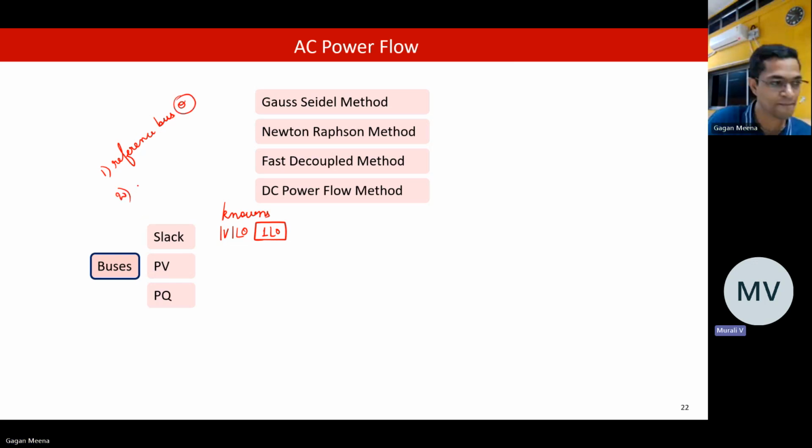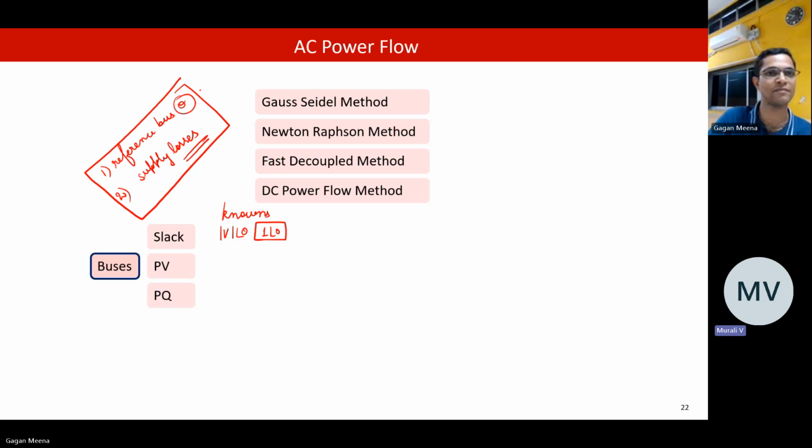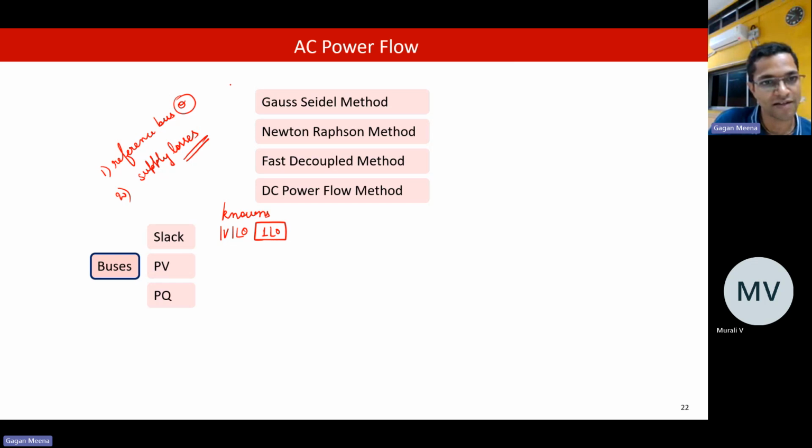The slack bus has to supply the losses. Correct. It should be a generator bus and should have sufficient generating capacity to supply losses because we don't know the losses. These are the two main reasons why we need a slack bus.